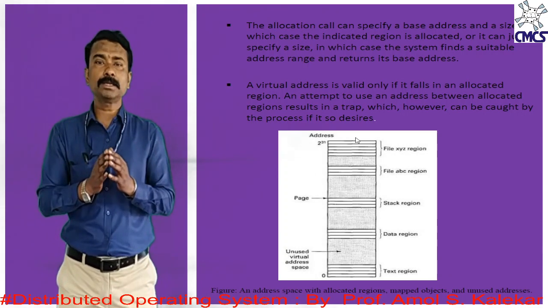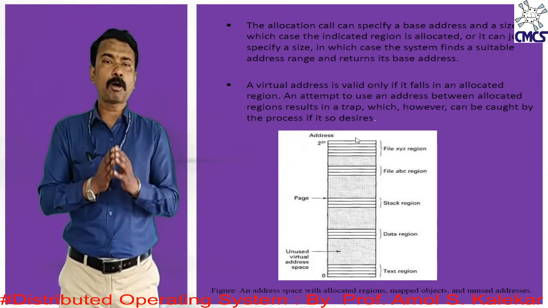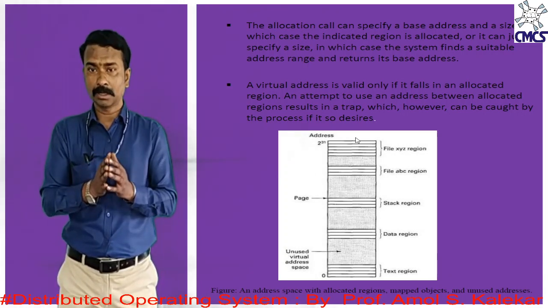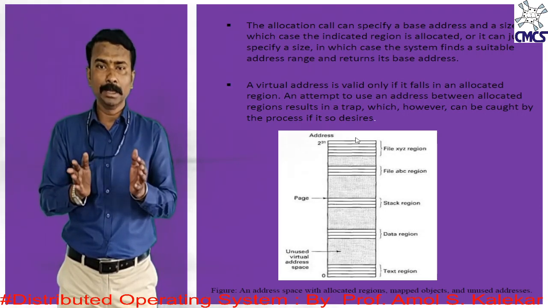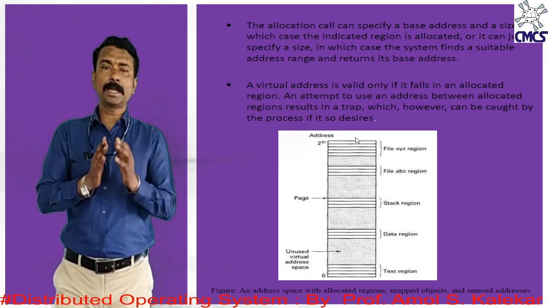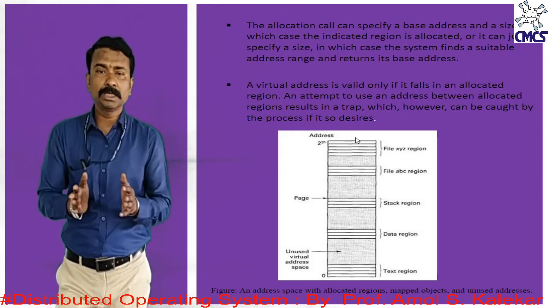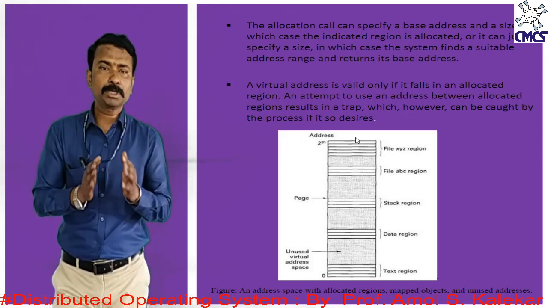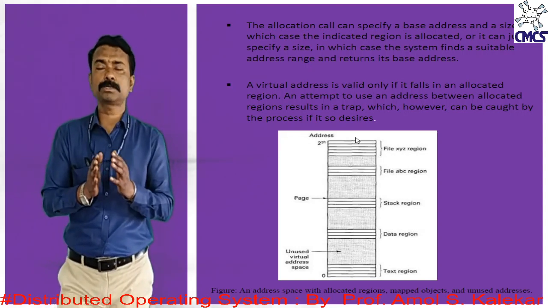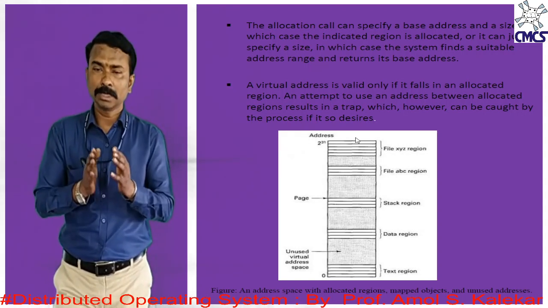A virtual address is valid only if it falls in an allocated region, otherwise it is illegal. An attempt to use an address between allocated regions results in a trap, which however can be caught by the process if it so desires.